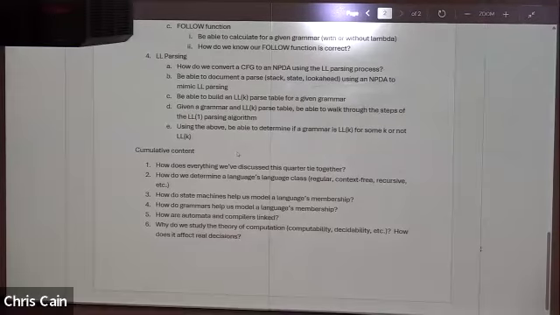What kinds of interesting membership questions are there in computer science? Why do we care whether a language is regular? Why do we care whether a language is context-free? Why do we care whether a language is recursive? So I already talked about number 5, how are automata and compilers linked?